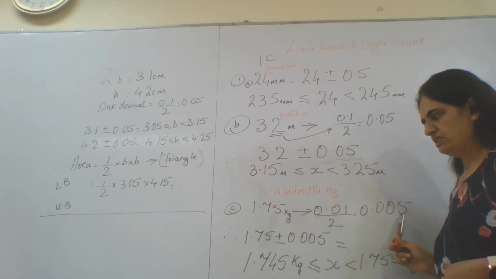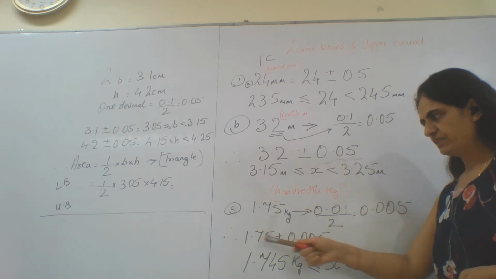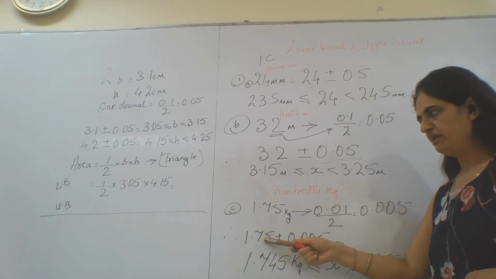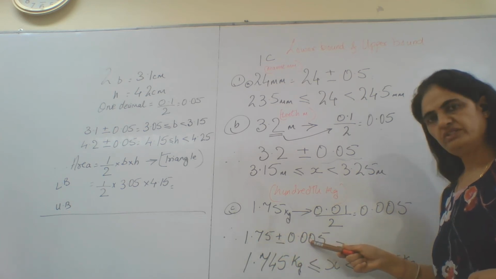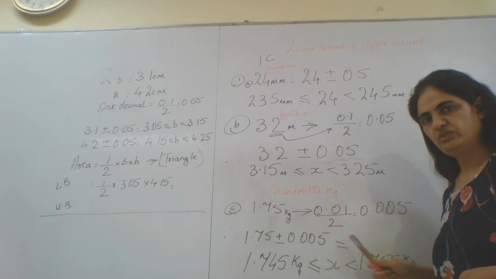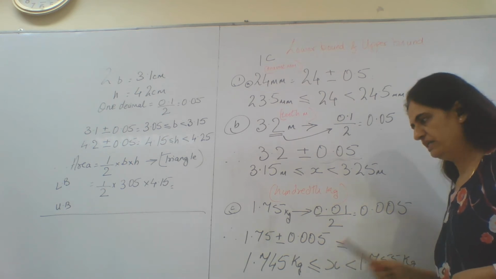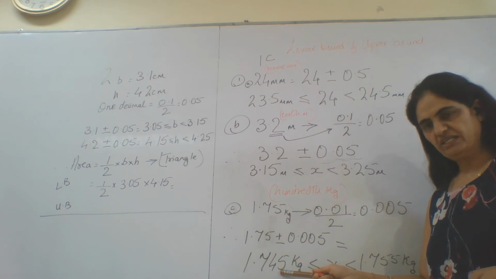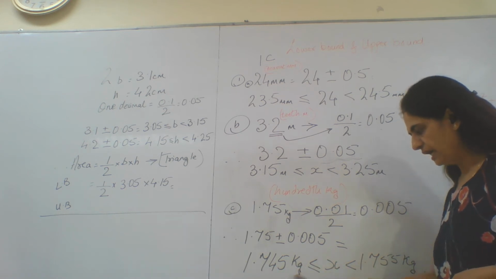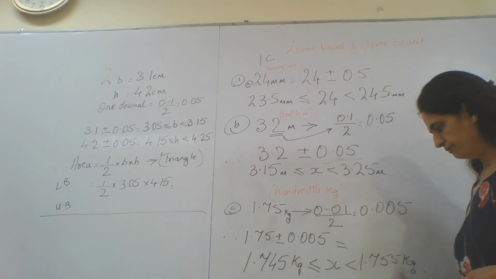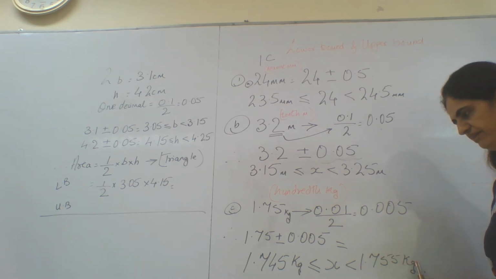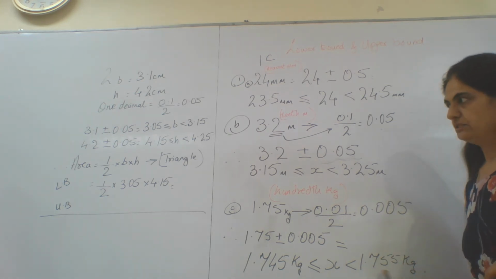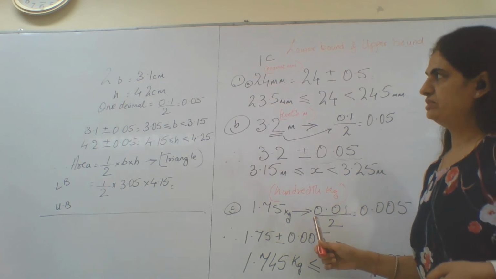This gives you 0.005. Accordingly you add and subtract it to get the upper bound and the lower bound. So you can write the lower bound as 1.745 kg, and the upper bound will be 1.755 kg. Okay, so this was about the first question.